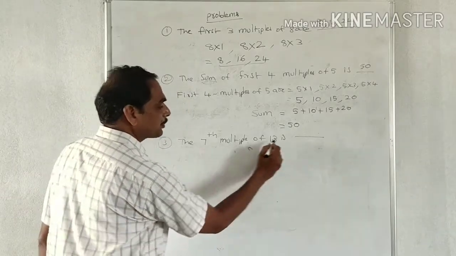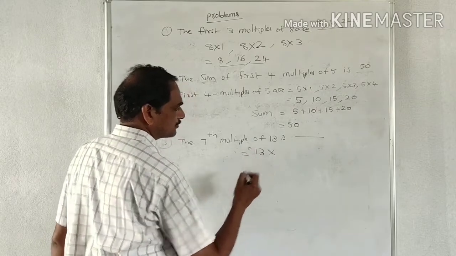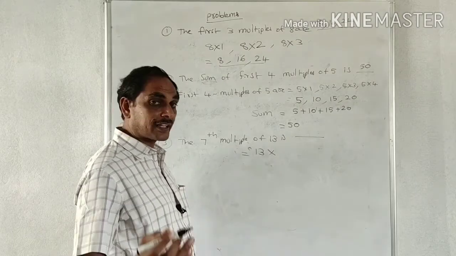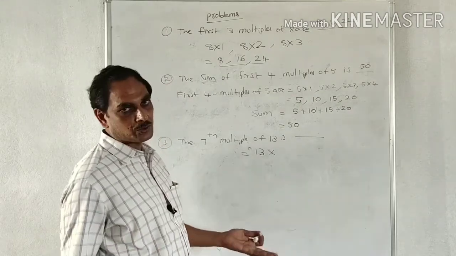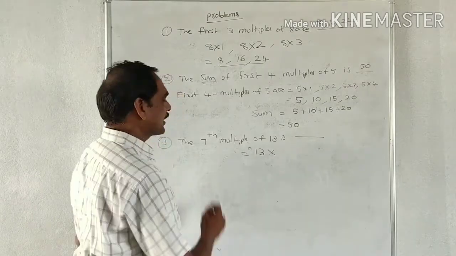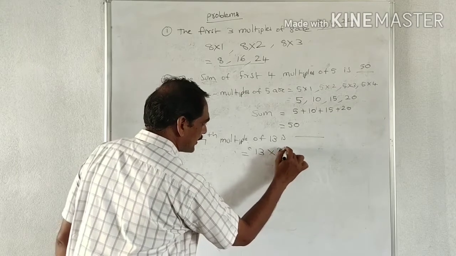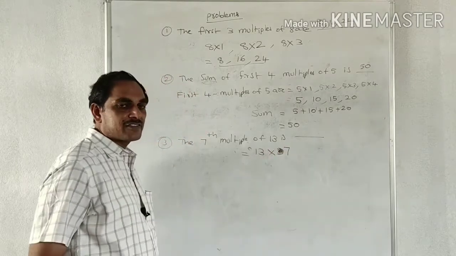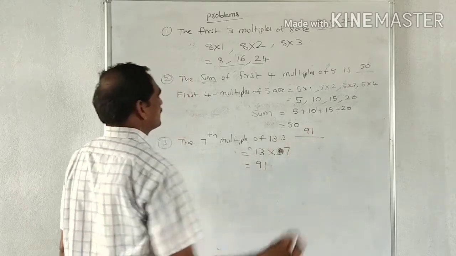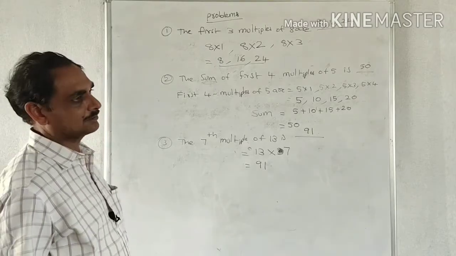So the 7th multiple of 13 is equal to 13 into, first multiple of 13 is 13 into 1. Second multiple of 13 is 13 into 2. Third multiple is 13 into 3. Similarly, we write seventh multiple is 13 into 7. 13 sevens is 91. So, the seventh multiple of 13 is 91.